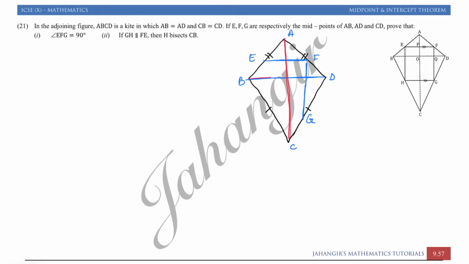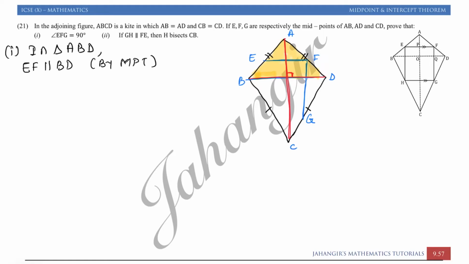We can draw the diagonals. The big diagonal of a kite bisects the other diagonal at 90 degrees. This is the property of a kite. So we can start the first part. In triangle ABD, this big triangle, we have EF parallel to BD directly by midpoint theorem.